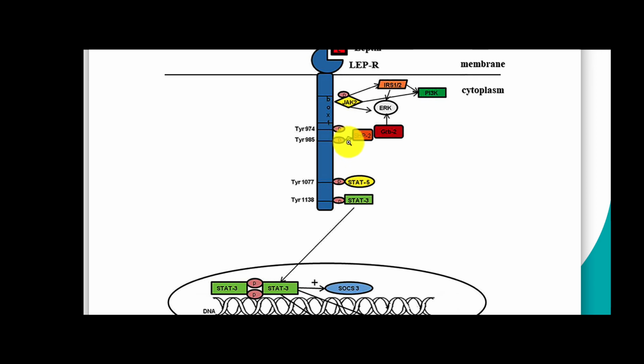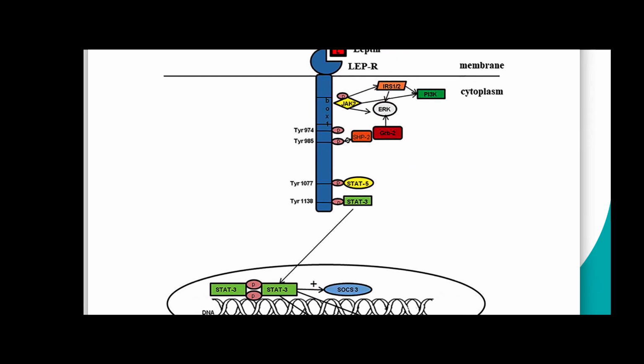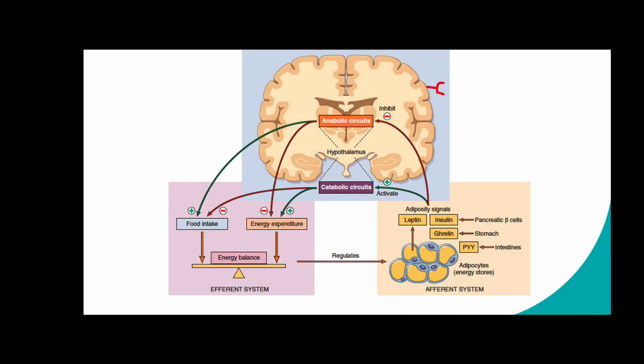And if this doesn't become active, this can't communicate with this chaperone protein, which is SHP2. And then SHP2 can't activate GRB2, and GRB2 can't activate ERK, which is a gene transcription messenger, and therefore we don't get gene transcription. So there are so many different ways you can take this, and this is what I expect from you. Okay, so I am not going to beat a dead horse here.